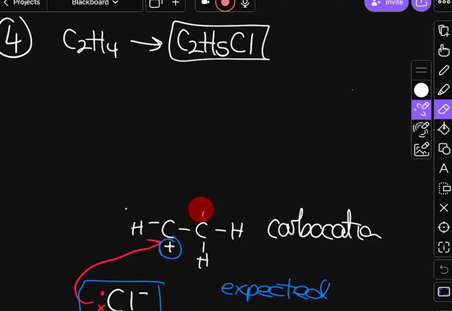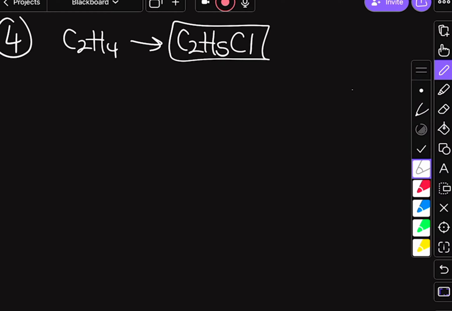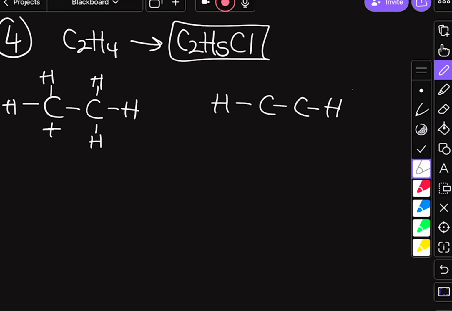So the evidence for this particular version of the mechanism would be if, so we'll still start with our carbocation. We'll draw it twice. So this is one of them, and this is going to be the second one. So our evidence for is if we had a bromide ion present.